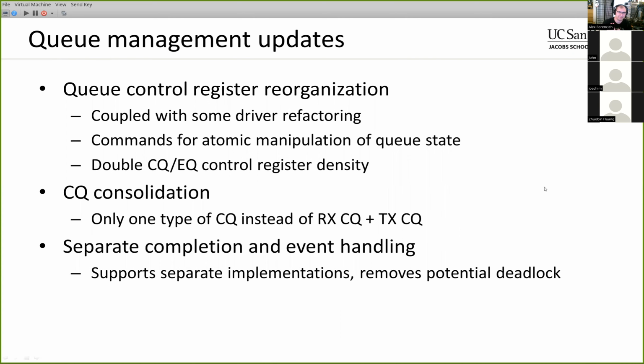So logic resource utilization, I think it's similar with all of these changes. With the CQ consolidation, I do know that that one's a little bit less than ideal, because we're basically using double the number of queues for the CQs. So if the TXQ and RXQ counts are similar, then the CQ count is similar. But I think a lot of the designs use like 8192 TXQs and 256 RXQs, so that you end up with 16384 CQs, which is not great.